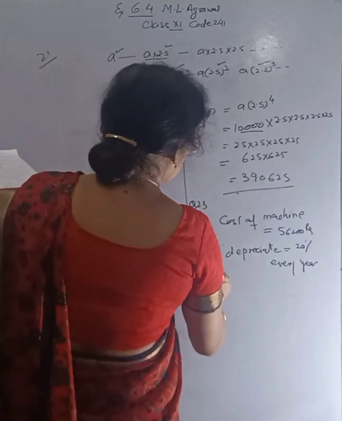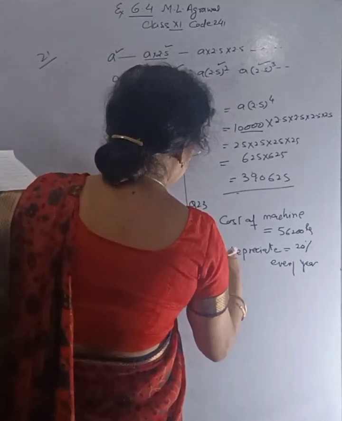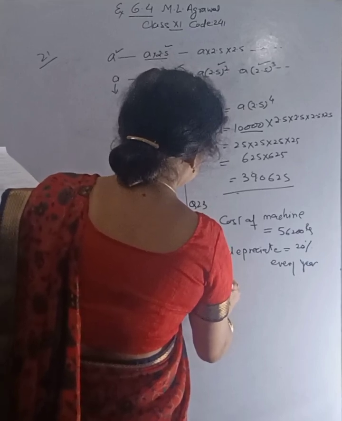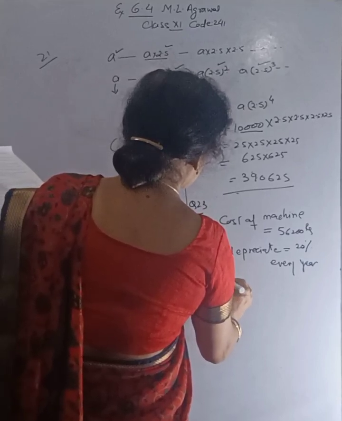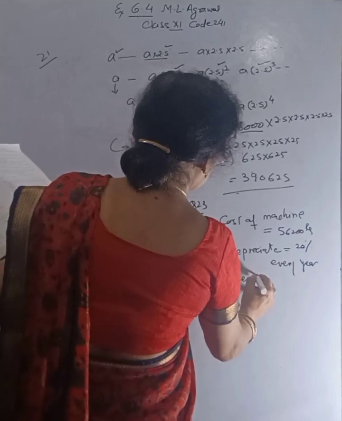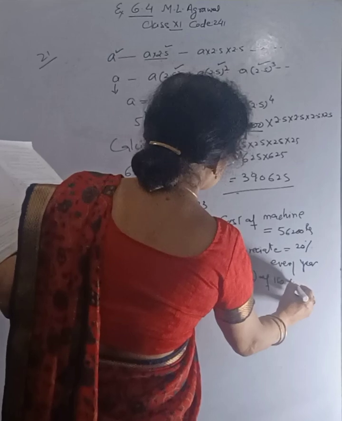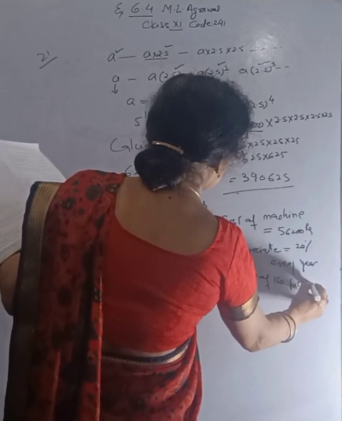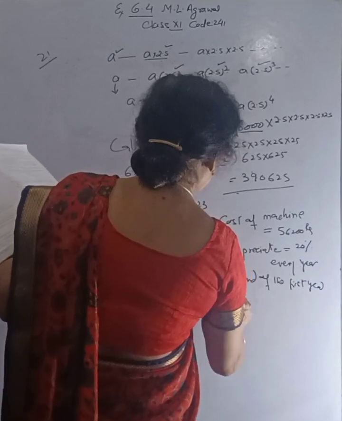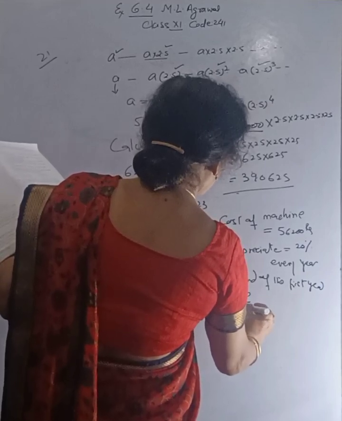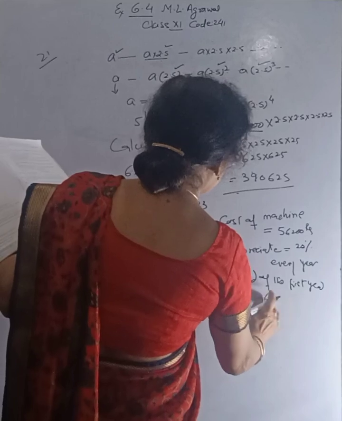It means at the end of the first year, the value will be equal to 80% of this 56,200.